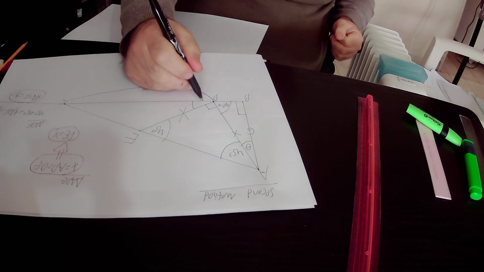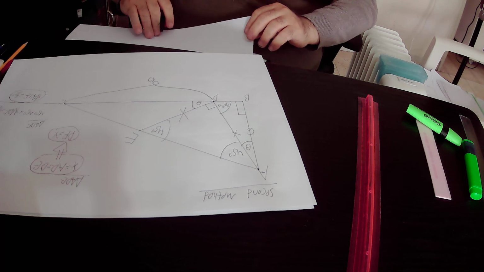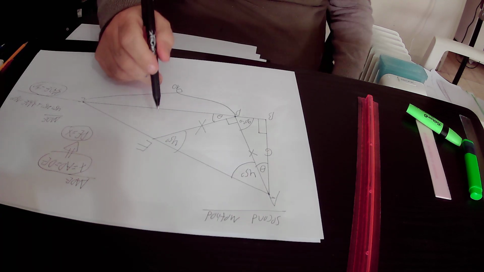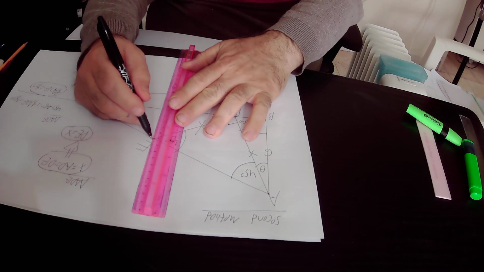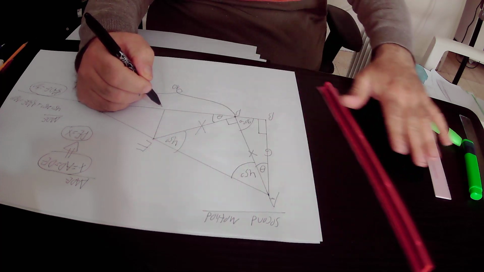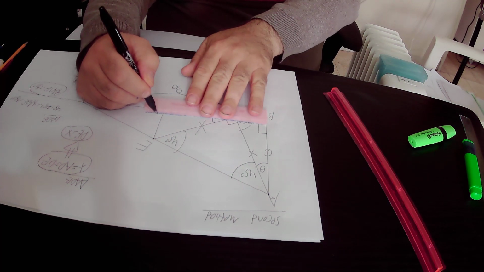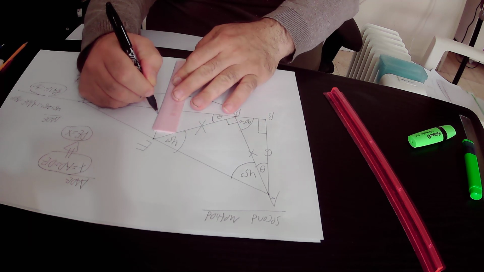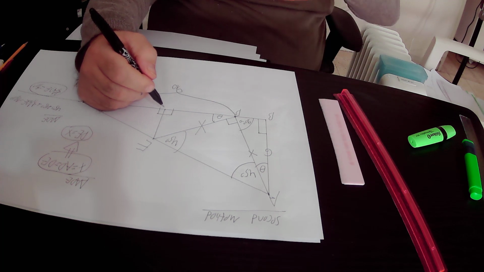If I know that this angle equals to theta, in the next step we will make another construction. From point E we will go perpendicular on BC. So this angle equals to 90 degrees, and this angle also will be equal to 90 degrees according to our construction.